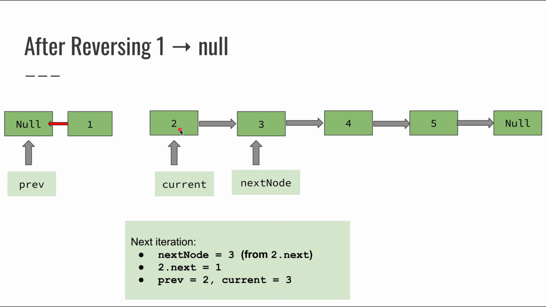Okay, now think about the current. Where was current? Current was here. So now we have moved current, because we have reversed it, right? So now the current will move, and we will move previous to 1. This will move to here at this point, and then current will point to 2.